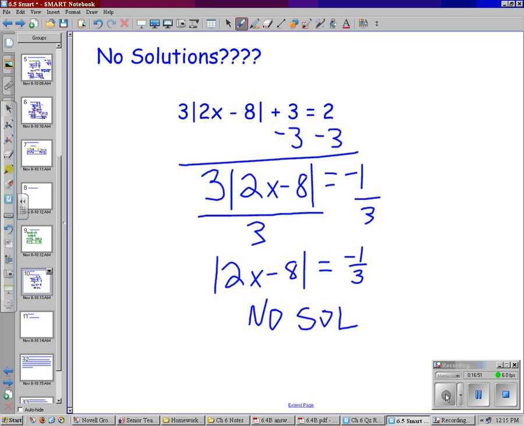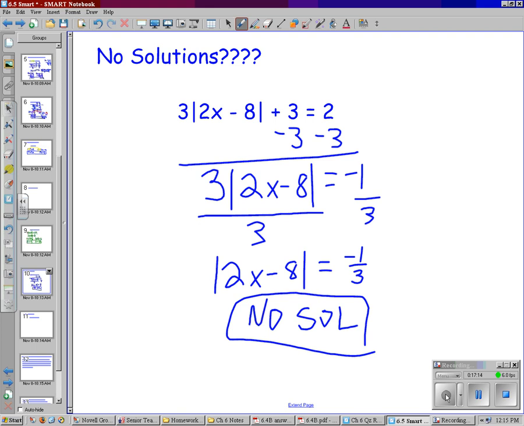And I would write no solution, because I can't have the absolute value of something be equal to a negative. There is no number that will ever work in that equation and make it a true statement. So that's the only time there aren't 2 answers.